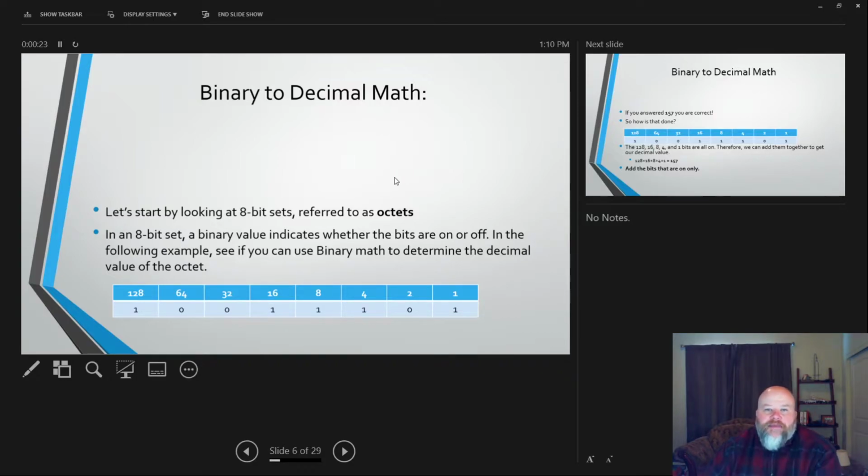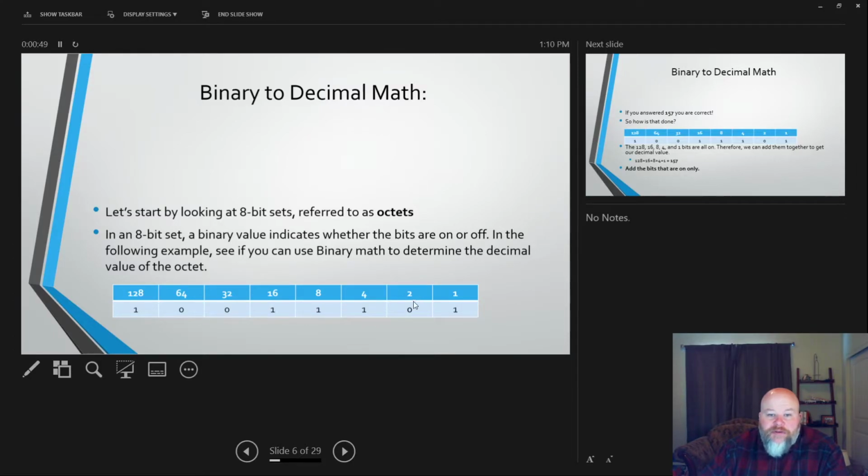So in the following example, let's count this up. The 128-bit is on, so we're going to say 128. The 64-bit and the 32-bit are off, so these have 0 value. The 16-bit is on. So we're going to say 128 plus 16 plus 8 because the bit is on, plus 4 because the bit is on.